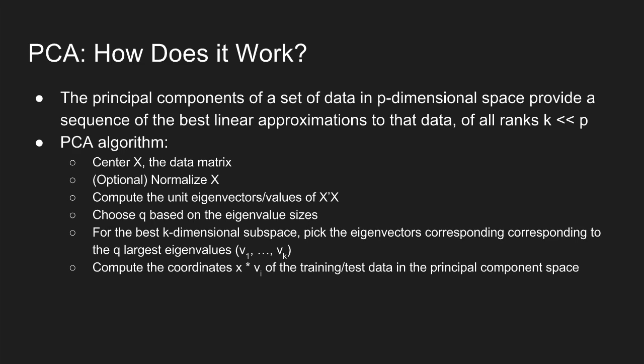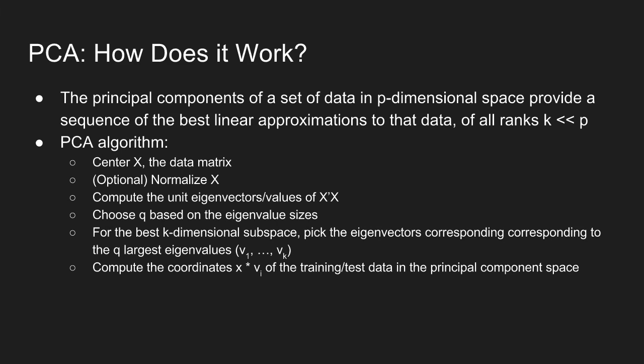The first step is to center the matrix X. So I take all the features and subtract the mean of each feature from the column of features. I can then optionally normalize X, which means I do some kind of scaling to convert all the data to the same scale. If I have measurement data in different units, I'd probably want to normalize.